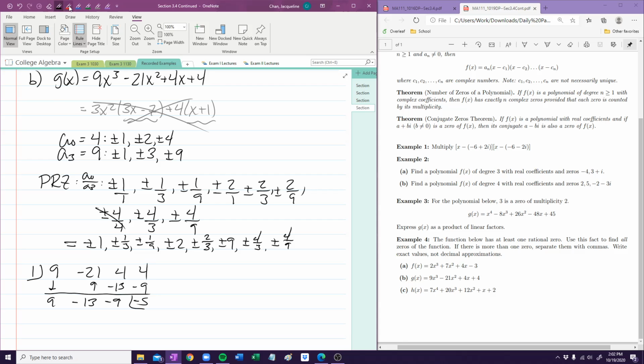It's not 0, so this is not an option. Then we can check negative 1, so 9, negative 21, 4, and 4. This is going to be 9, negative 30, 34, and then negative 30. Again, negative 1 is not a zero.